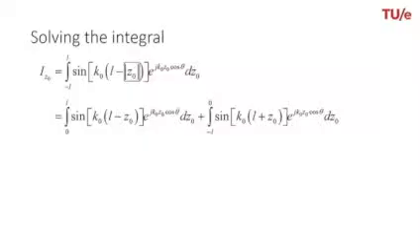And we can make use of the fact that in the second integral, we can substitute a new variable, let's say z0 tilde is equal to minus z0.